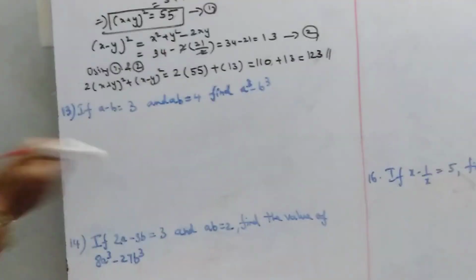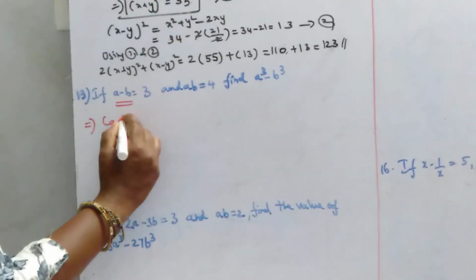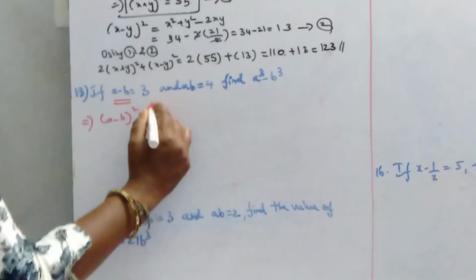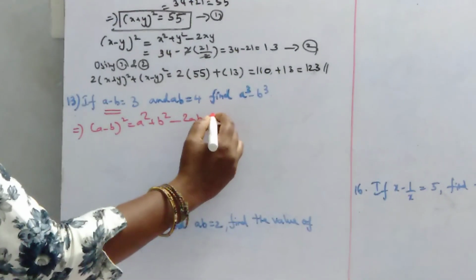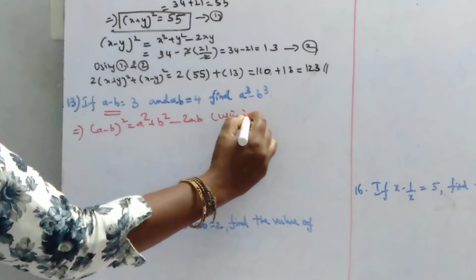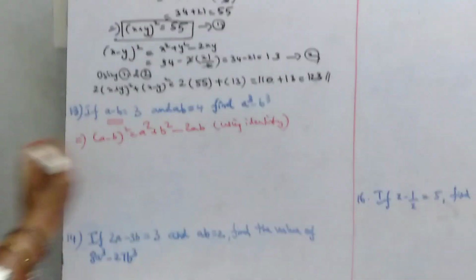If a minus b is given, we will be using the identity a minus b the whole square equals a square plus b square minus 2ab. Using this identity, we found this a square plus b square. The same thing we are going to do here.